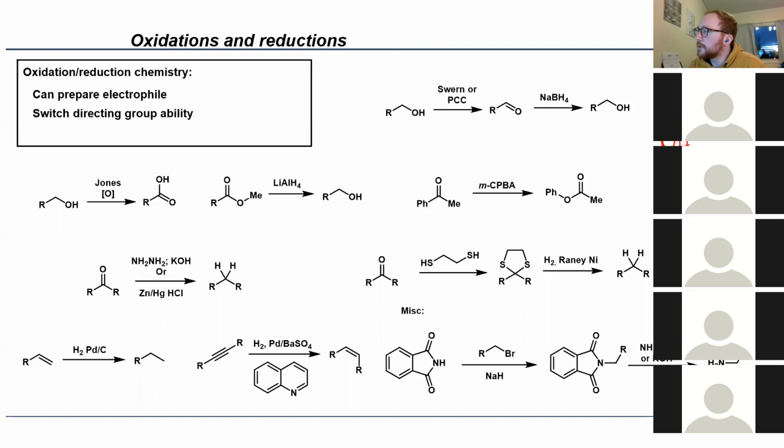For example, if I wanted to react this amine with this alkyl bromide, I would get a mixture of products that would look like this, but also this, but also this, but also this.